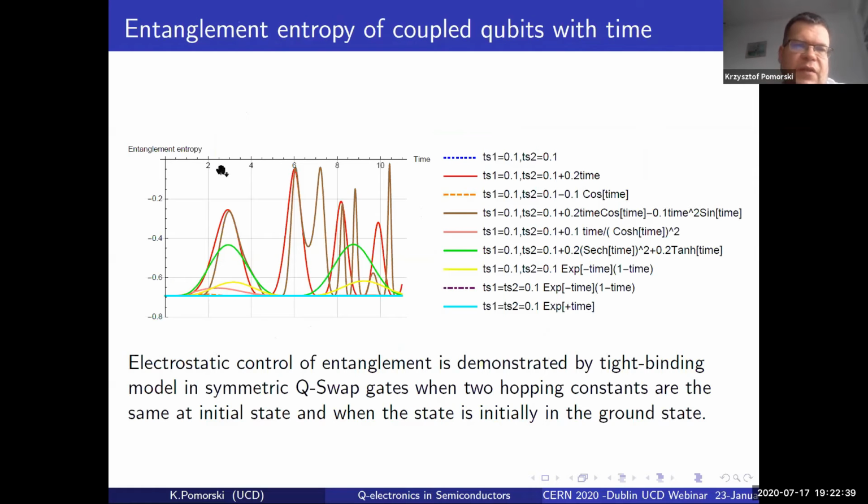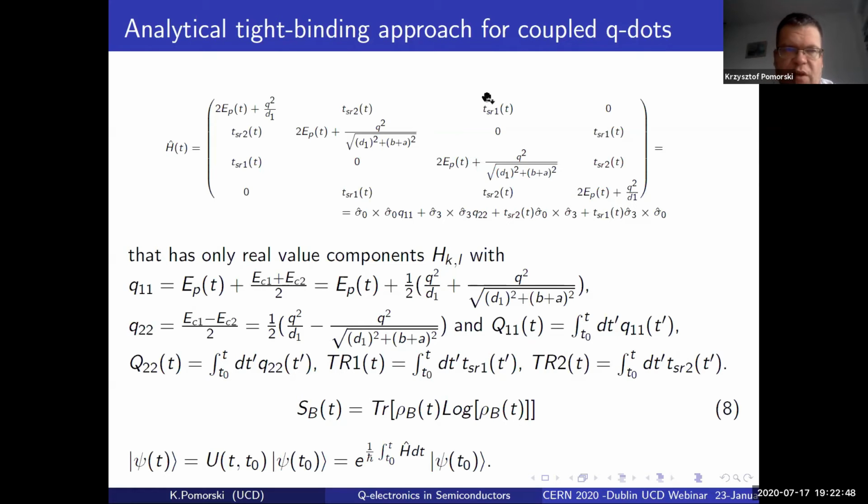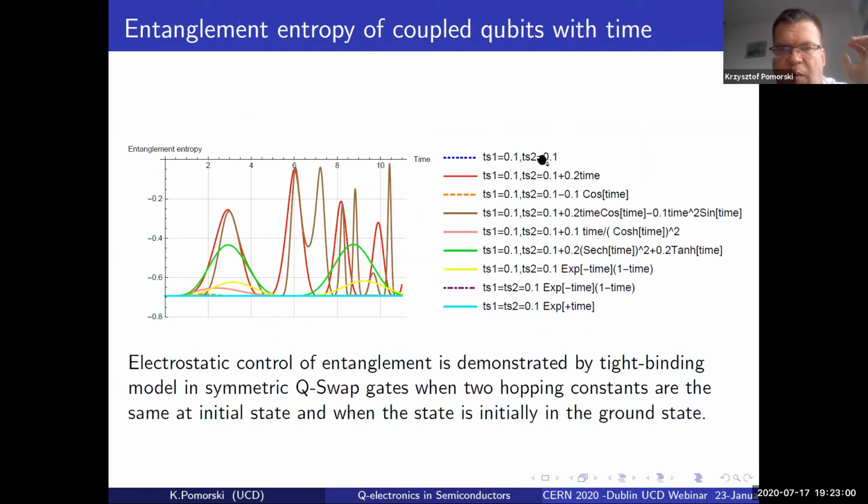So basically, you have an entanglement entropy that is time dependent, and the evolution of this entropy depends strongly on this hopping. TS1 is the hopping in the first qubit, and TS2 is the hopping in the second qubit. So you see, if the hoppings are the same, the entropy is constant. And if they are different, as in this red line, the dynamics of this entanglement entropy is much different.